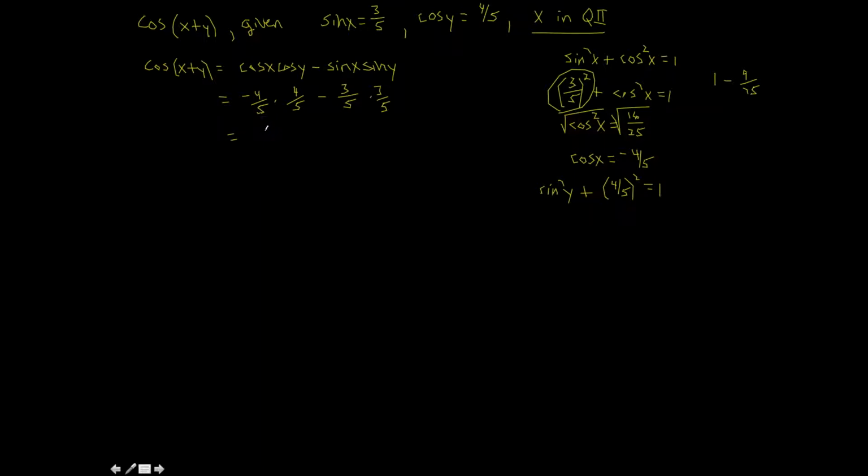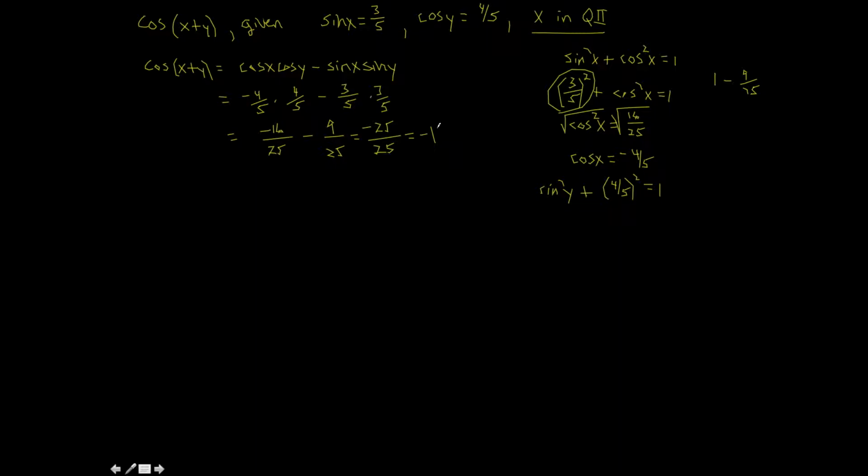So we have negative 16/25 minus 9/25, which is going to give us negative 25/25, which equals negative 1.